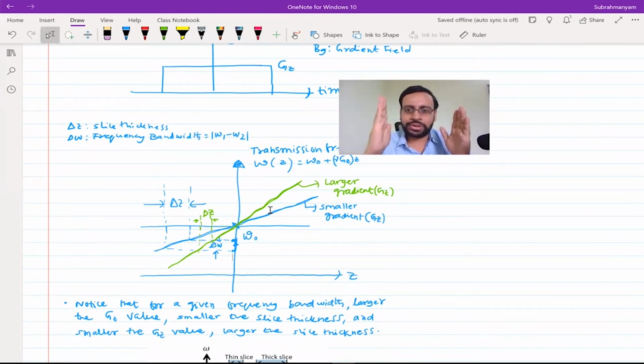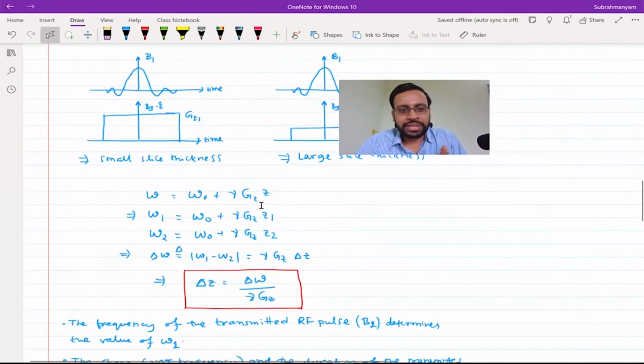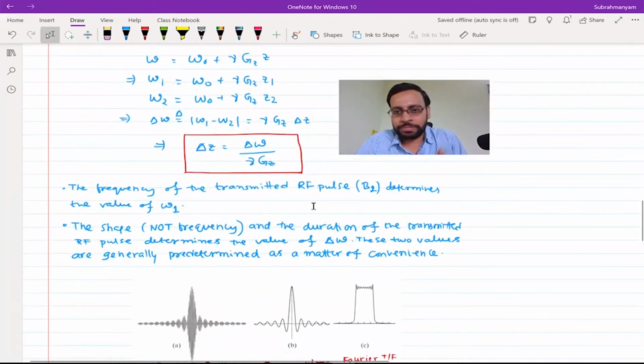I want the response from a particular location, so for that I should give this RF pulse at the frequency of that particular location. So the frequency of this RF pulse, which is B1, determines the value of omega 1, or the frequency around which you are getting the frequencies. And then the shape, not the frequency, and the duration of the transmitted pulse determines the value of delta omega.